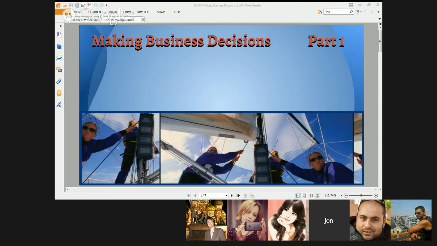For example, what the picture has to do with decision making is that all the sailors must make a decision together. If they don't agree, the ship won't go anywhere. You see the difference? Yes, I see the difference. I like the point you brought up.